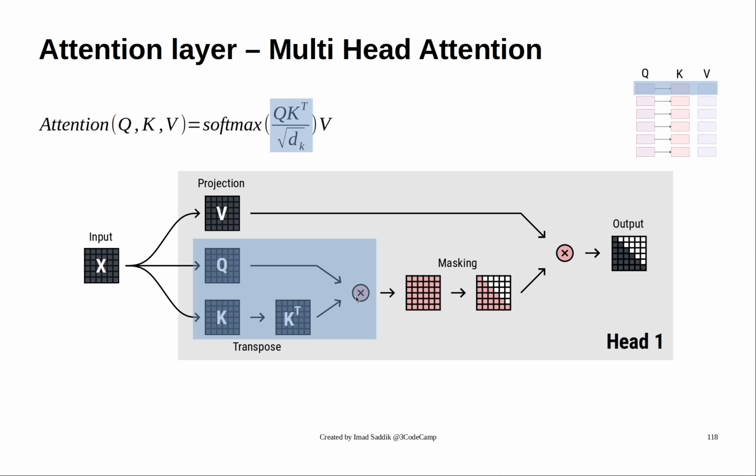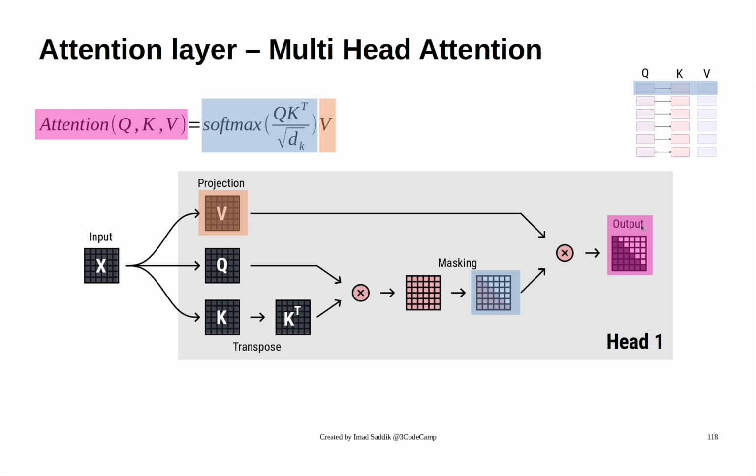I am not showing that division here, just to keep the diagram simpler, but we are going to add this in the code later. After that, we get this matrix, which is basically this term. After that, we apply the masking, as I said, because we don't want to look at the tokens that come in the future. Then we multiply this with V, and we get the output, which contains the attention scores.